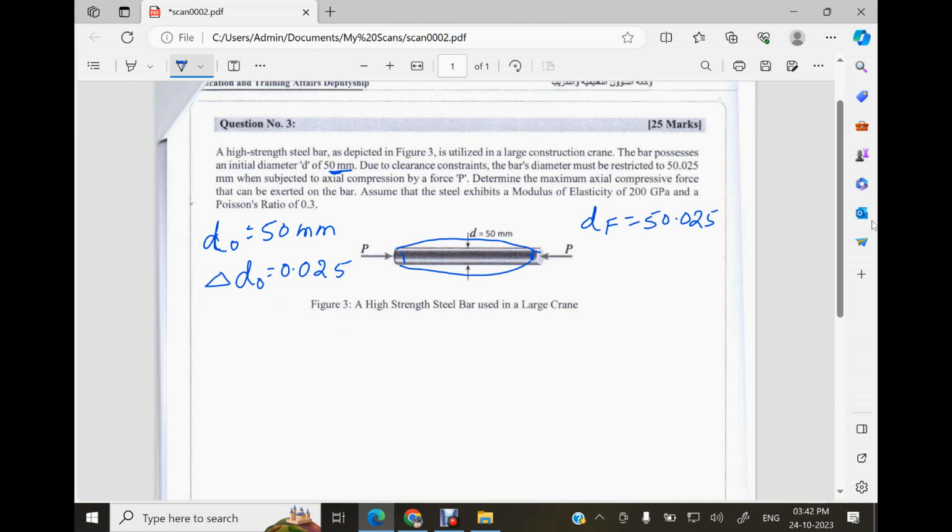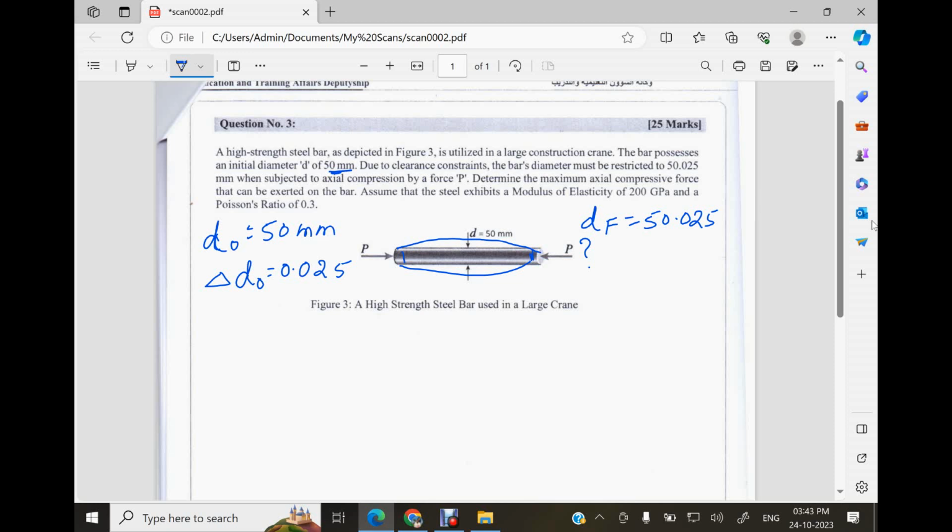So now what else he wants me now? When subjected to an axial compression force P, determine the maximum axial compressive force. That is, he wants me to find out this value P that can be exerted on the bar. Assume that the steel exhibits a modulus of elasticity of 200 GPa.